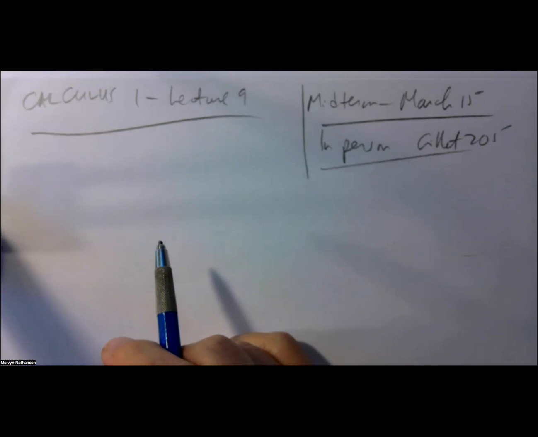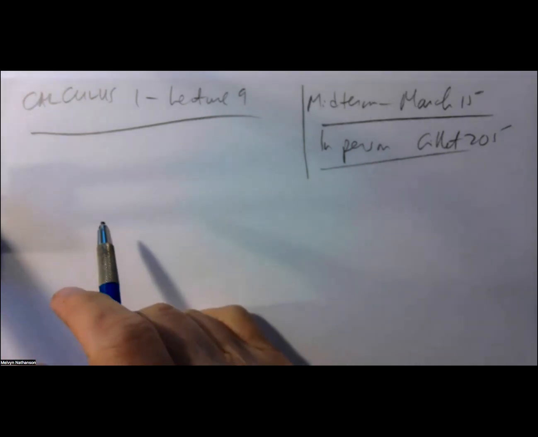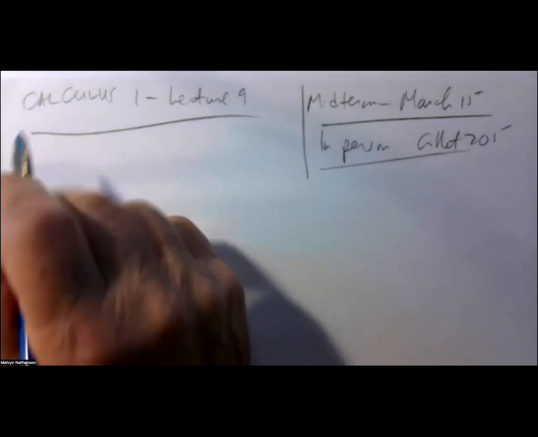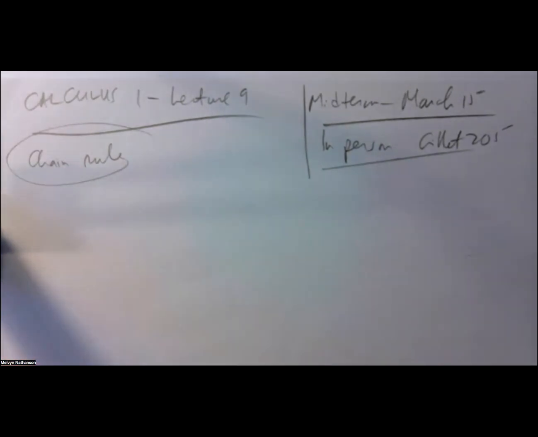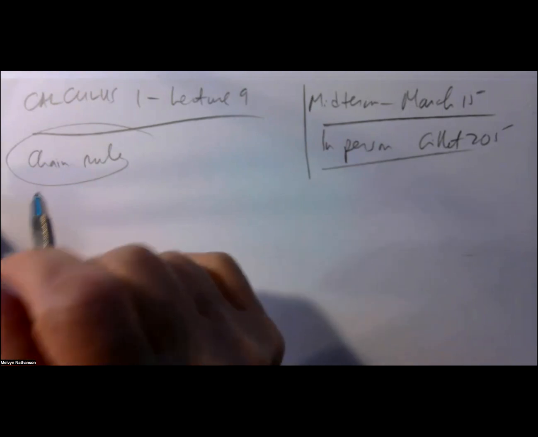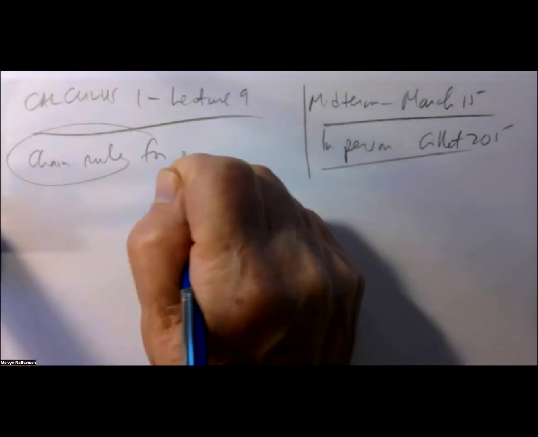So let me start with a couple of problems, and then I want to begin to talk about implicit differentiation. The most important rule to understand is the chain rule for differentiating a composite function, or a very special case, the chain rule for powers.